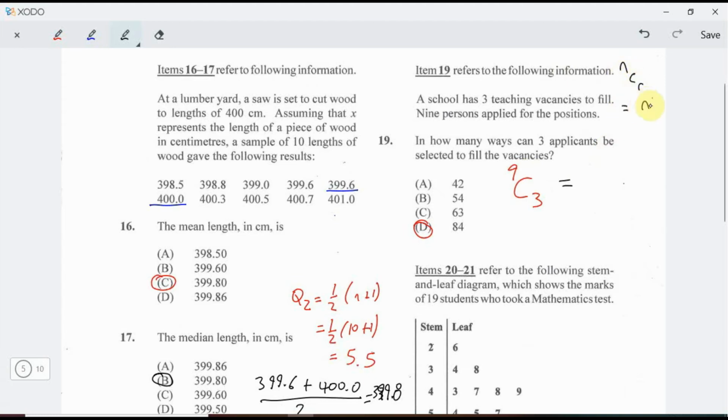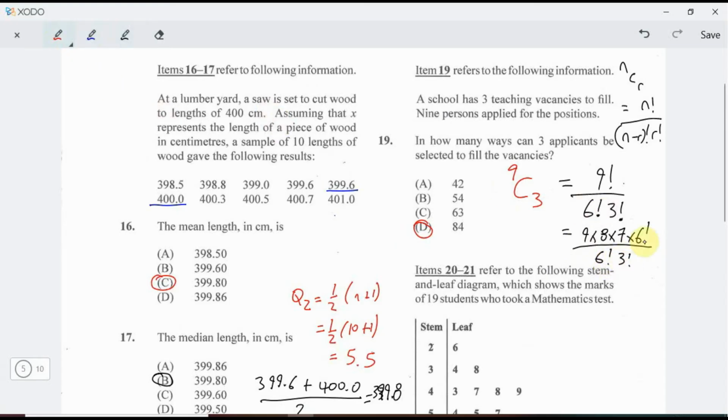nCr is equal to n factorial over (n minus r) factorial times r factorial. So this will be 9 factorial over (9 minus 3), 6 factorial times 3 factorial. Then you know that 9 factorial is just 9 times 8 times 7 times 6 factorial over 6 factorial, 3 factorial.